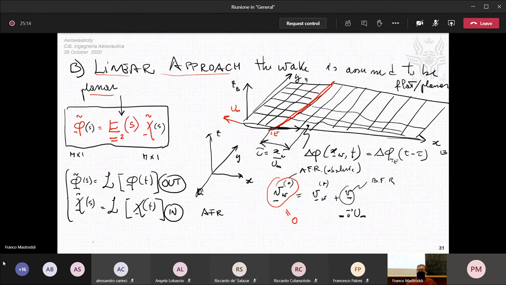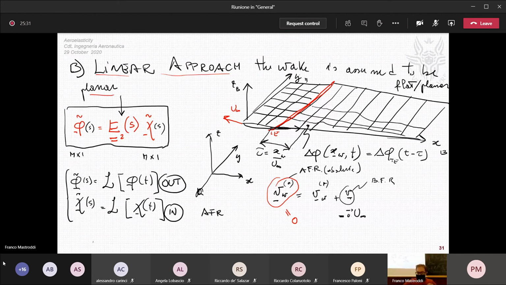Okay? This is exactly what you see when you look at the sky and the condensation wake of your aircraft. You see the aircraft moving, but the condensation stays there, does not move in your frame of reference. This is the concept.